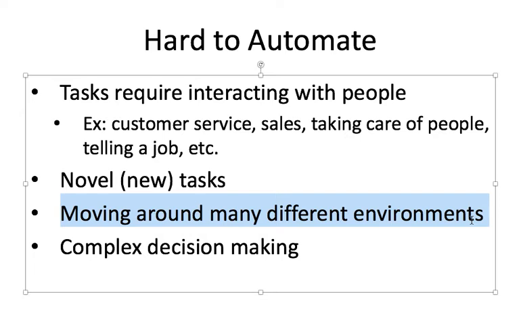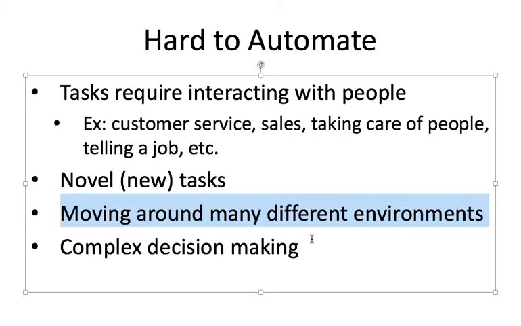Part of the reason that cleaning services for, say, a building or an office are almost never automated is because to clean that office or building, you have to move around very varied, a lot of different environments. And currently, machines still have a very hard time doing that.